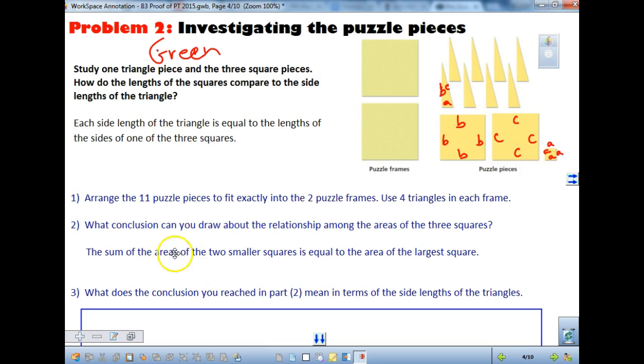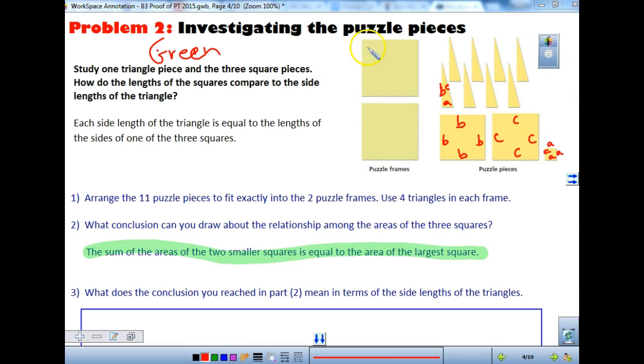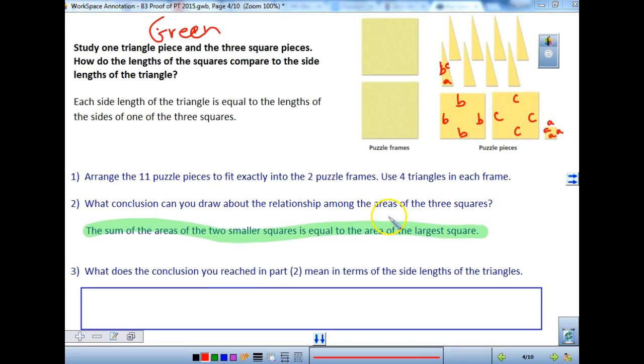As you look at that, the conclusion that we want to make is that the sum of the areas of the two smaller squares is equal to the larger one. And when you arranged yours, I should have seen something like, and you're going to see it in just a minute in this picture, maybe the small square and the middle square.